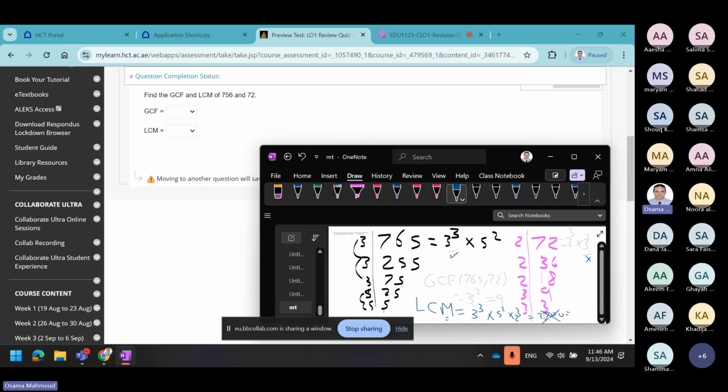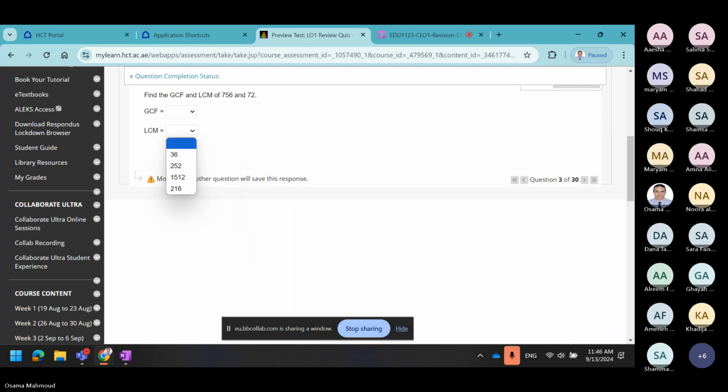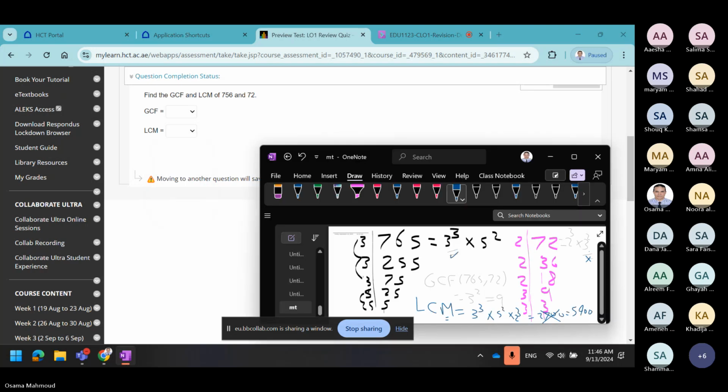You are learning, so it is easy to make a mistake. So what is the correct answer? 5,400. Do we have this one here? So we have done a mistake? Let's check. We factorize this one correct?